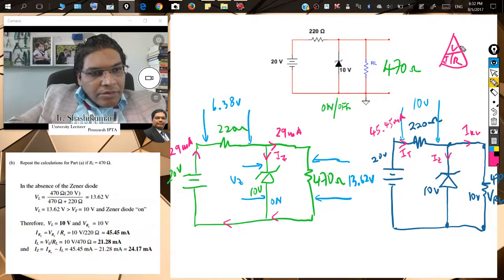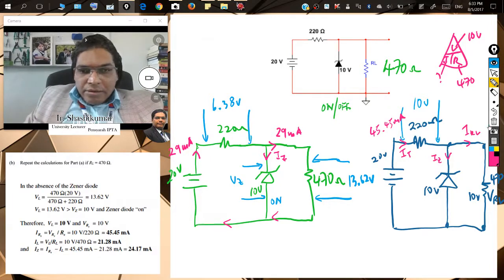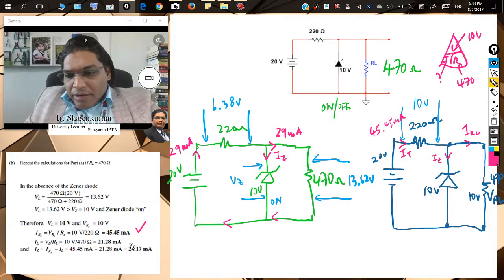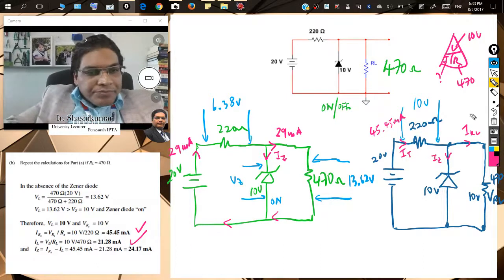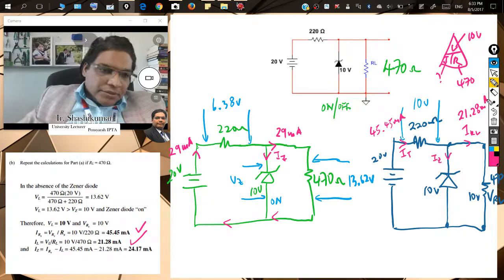You can know it by the voltage across this resistor, that is 10 volts, and also your resistor value, 470 ohms. And you know what is the I that is passing through here, that is your IRL. So your IRL is 21.28 milliamps.